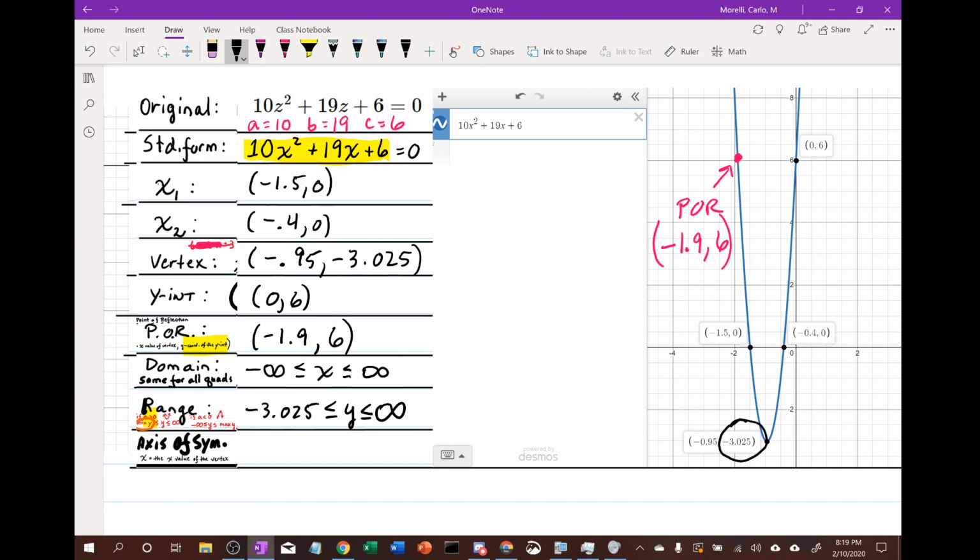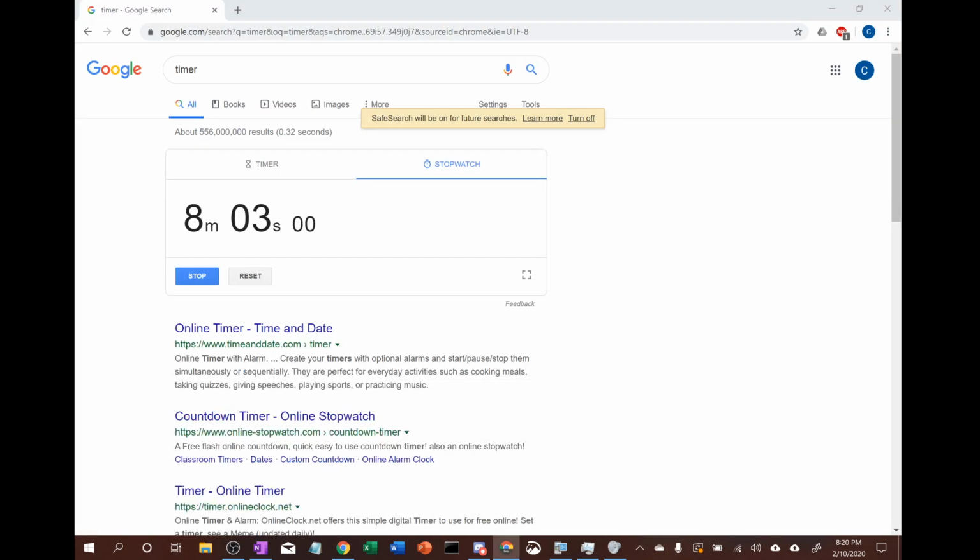And what's the axis of symmetry? It's just the x value of the vertex. Yeah, you have to write x equals for the axis of symmetry. You're writing an equation in the form of x equals negative 0.95. We're done. Our time is 8 minutes and 3 seconds.